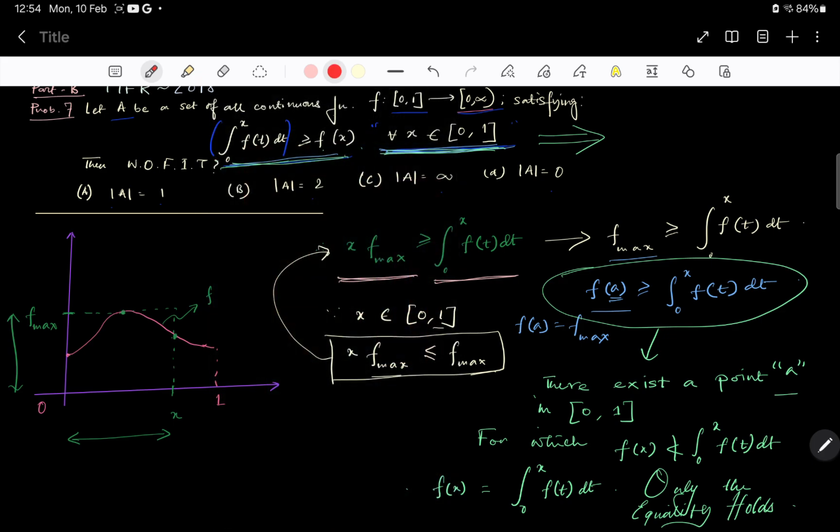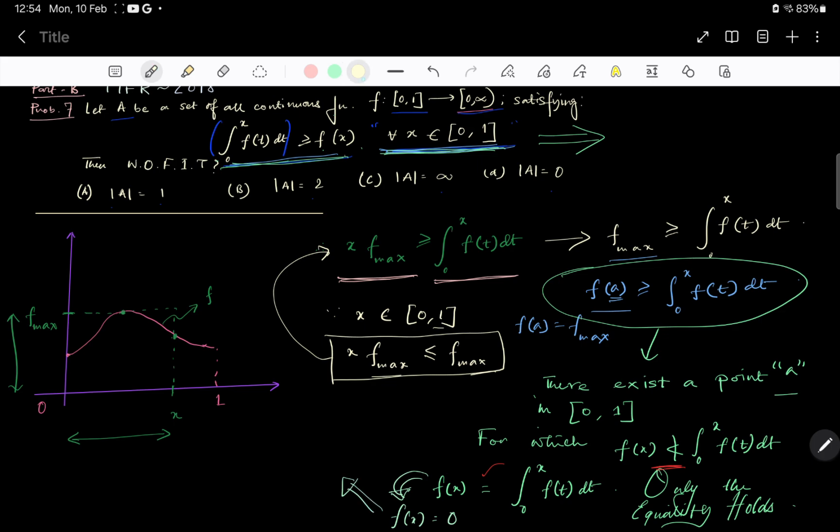This one will not hold, but there is no problem with equality, and this will only hold when f of x is equal to 0. From this we can directly conclude that this holds if and only if f of x equals 0.